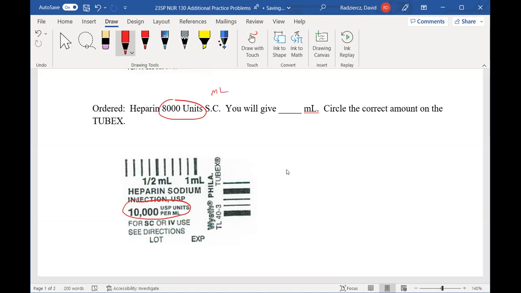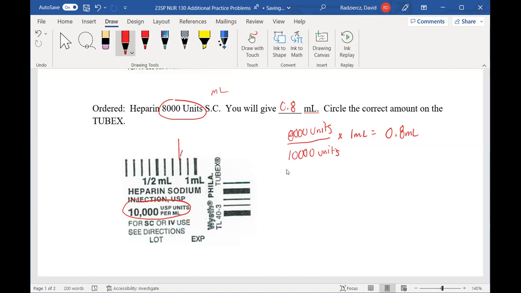And then you're just going to take your 8,000 units, and again, if you're doing this ordered over have, which is perfectly fine for these, over 10,000 units times the 1 ml. And you're going to get the same answer as you did above, 0.8 milliliters. And then you would just mark it at the 0.8.